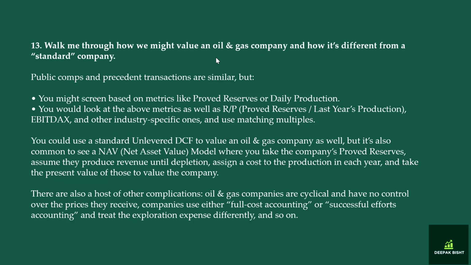If you're talking about screening in multiples, like comparables and transaction analysis, screening criteria might include daily production of oil. There are reserves: proven reserves, probable and possible reserves. Those are P1, P2, and P3. There are three categories of reserves. We will discuss them later on.